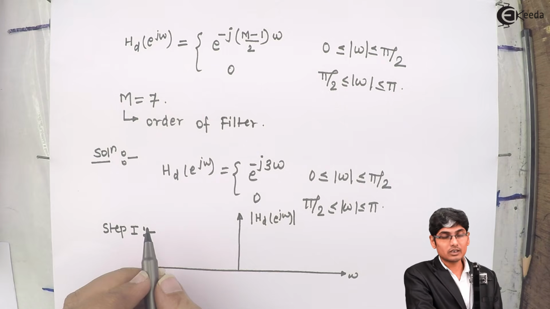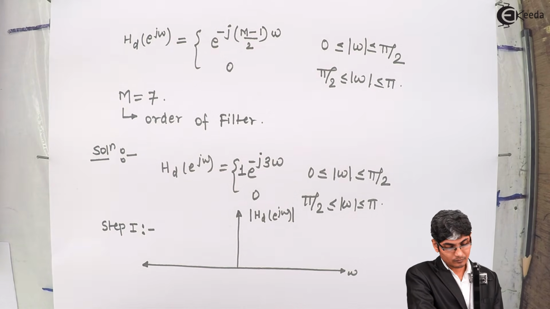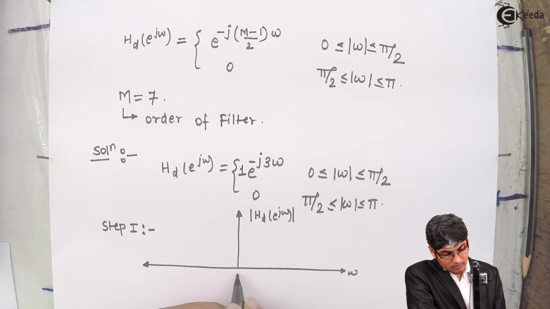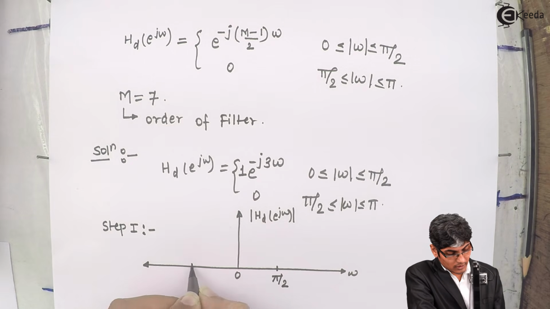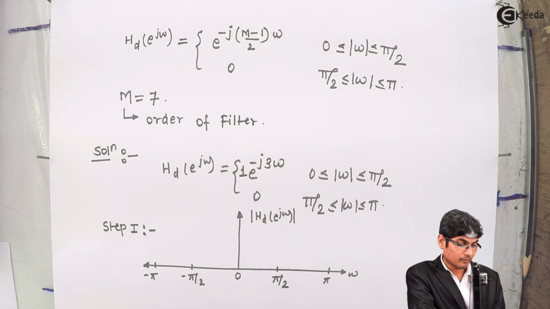What is the magnitude over here? The magnitude over here is 1. Now this is omega equal to 0. Let's say this is omega equal to pi by 2. This is omega equal to minus pi by 2. This is omega equal to pi. This is omega equal to minus pi.